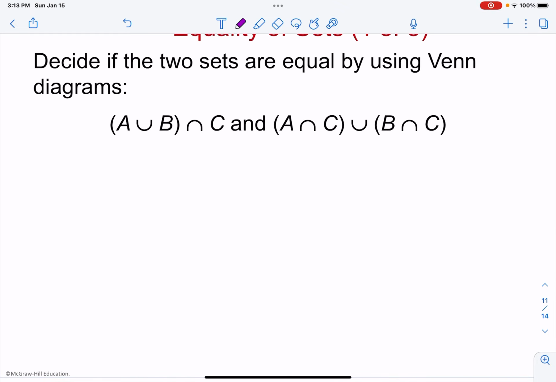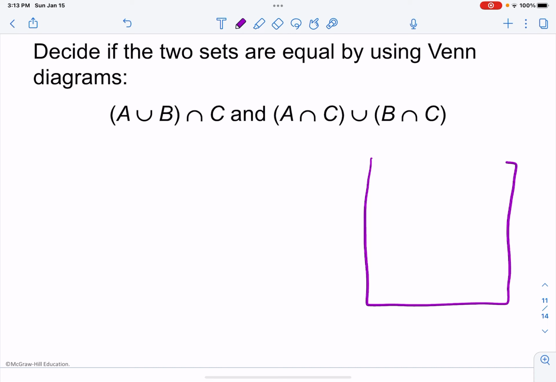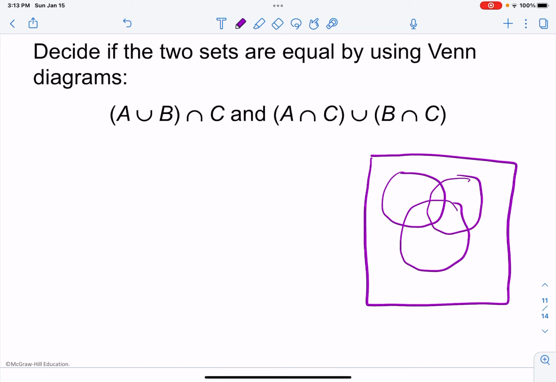Remember, you have to think about your Venn diagram to figure out which numbers are in them. I'm probably going to have to erase something, since there isn't a lot of room here. So this is my Venn diagram, and I need to remember 1, 2, 3, 4, 5, 6, 7, and 8. Of course my universal set is 1 through 8.